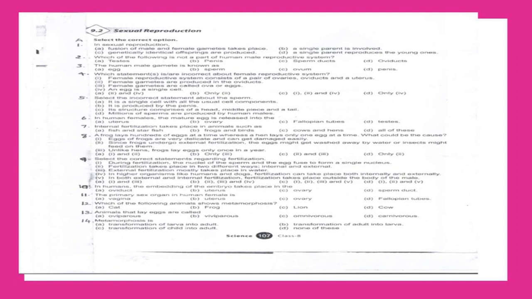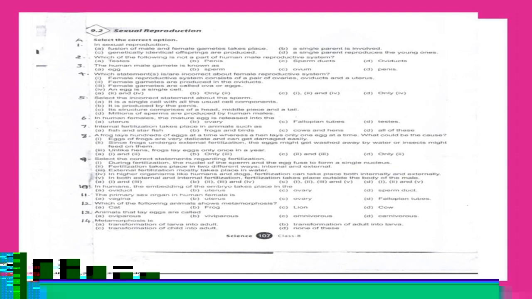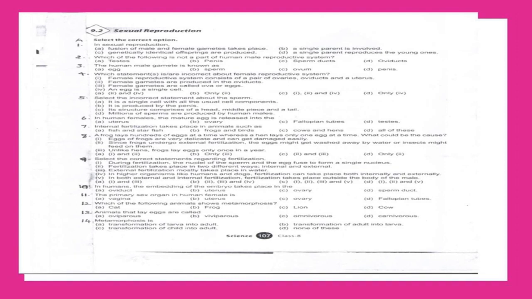Okay, now first one: in sexual reproduction, fusion of male and female gametes occurs. A single parent is involved. Genetically identical offspring are produced. A single parent produces the young one. In sexual reproduction, fusion of male and female gametes takes place.